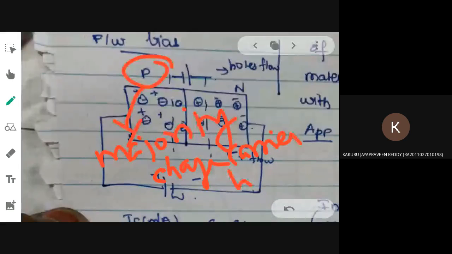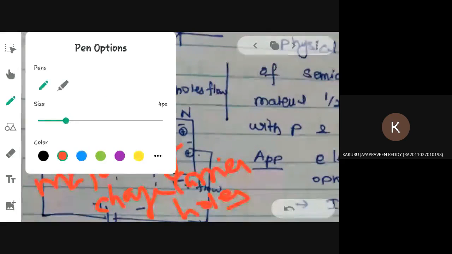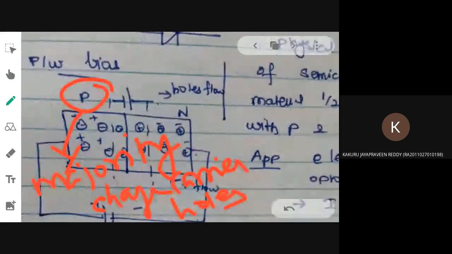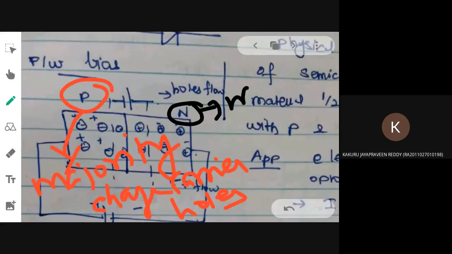For n-type, the majority charge carriers will be electrons. You have to remember this also.